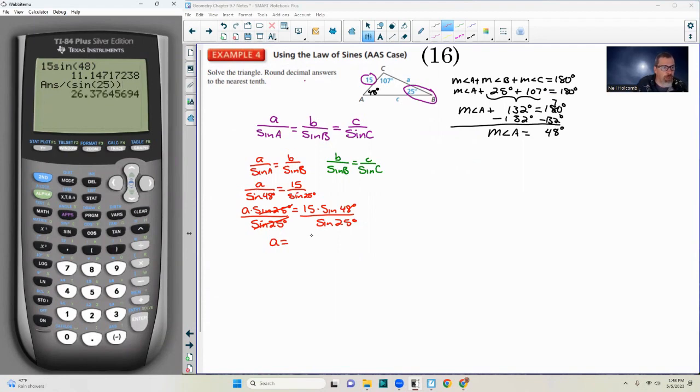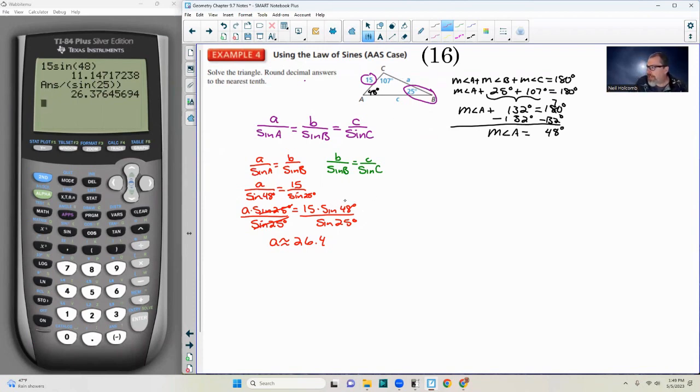And I get 26.4. It's an approximation, so it's approximately 26.4. Not degrees, my fault. It's not a degree, it's a length. Side a is approximately 26.4 units long.